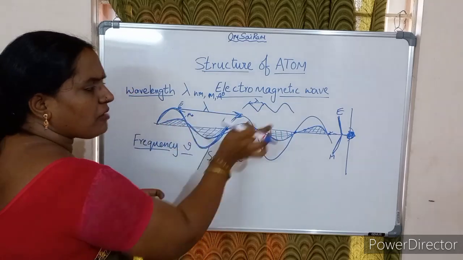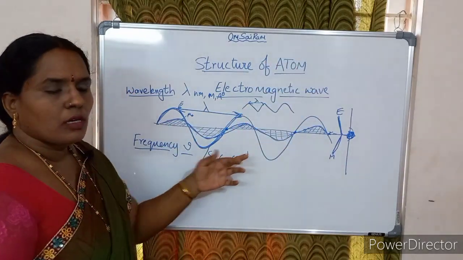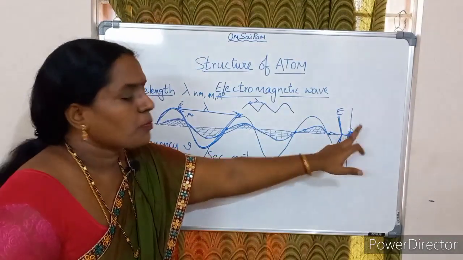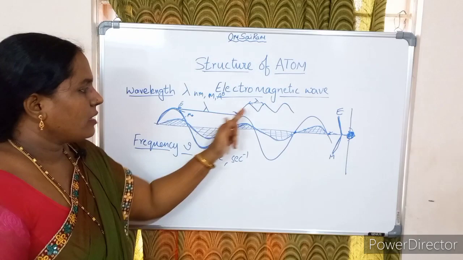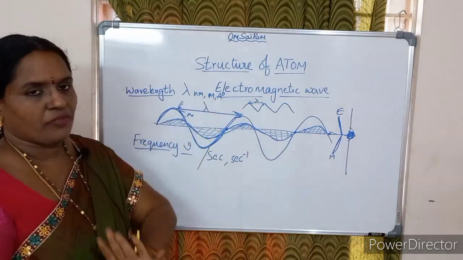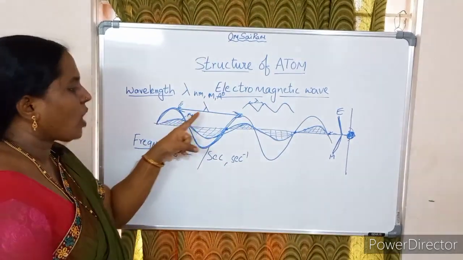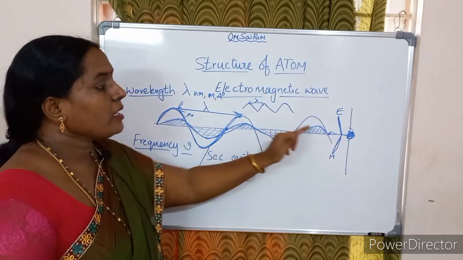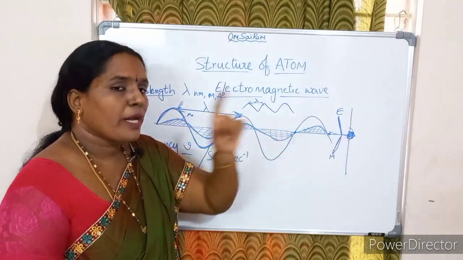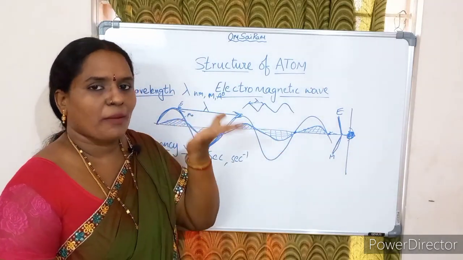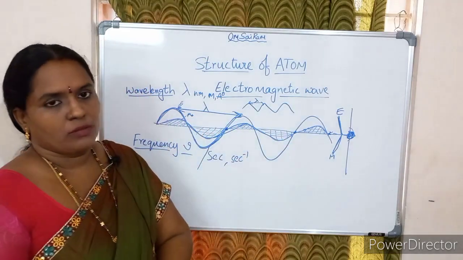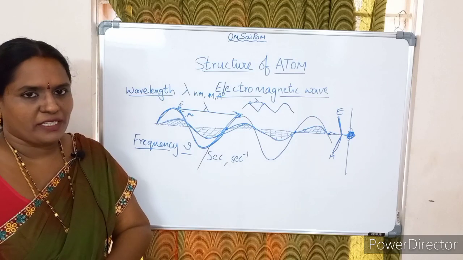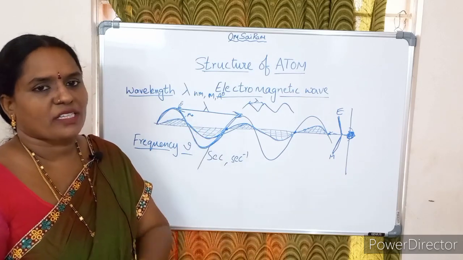Small waves can go through this point in more number when compared to the waves having larger wavelength. More waves can pass through a particular point when the wavelength is short.